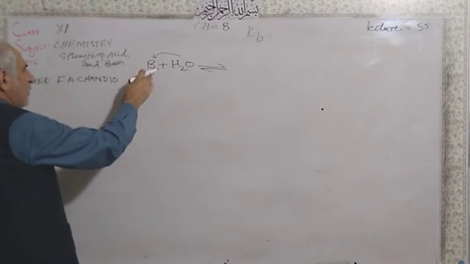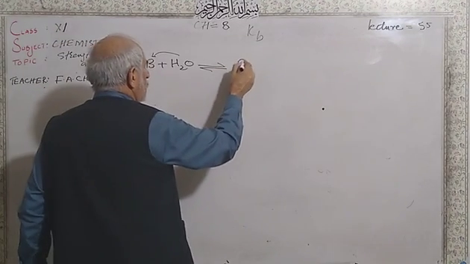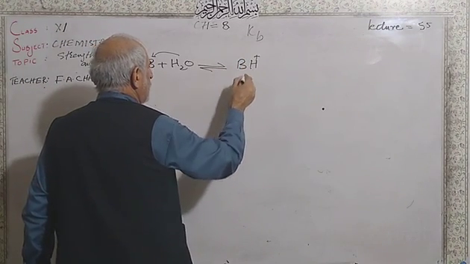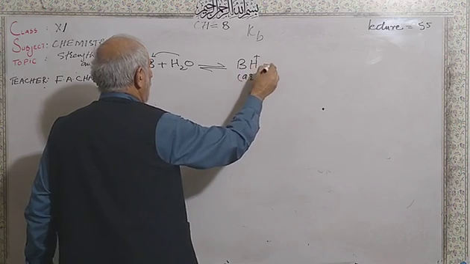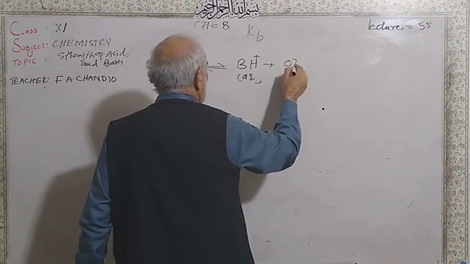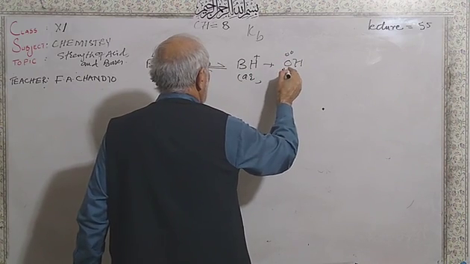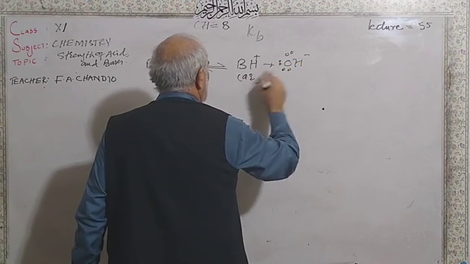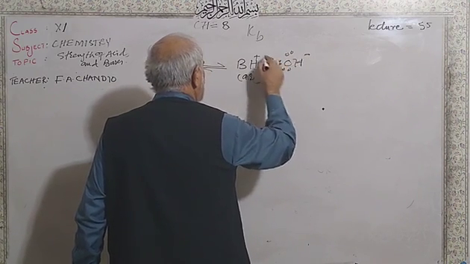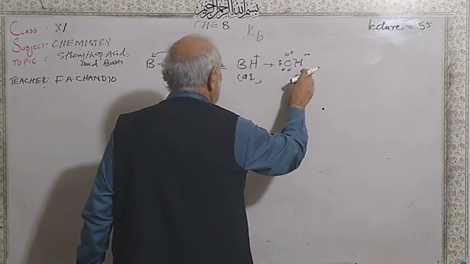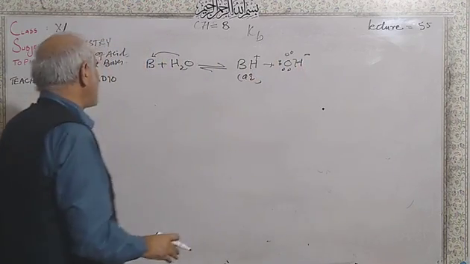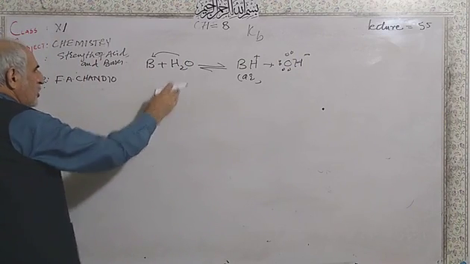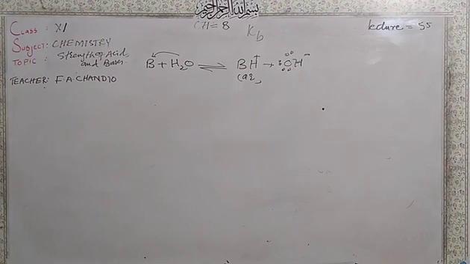This proton is accepted by the base, so hydrogen is added, a positive charge is created here, and the hydrogen that is gone leaves an OH. This is a Bronsted base, this is the conjugate acid, and this is the Bronsted acid and its conjugate base. This is for the base here.